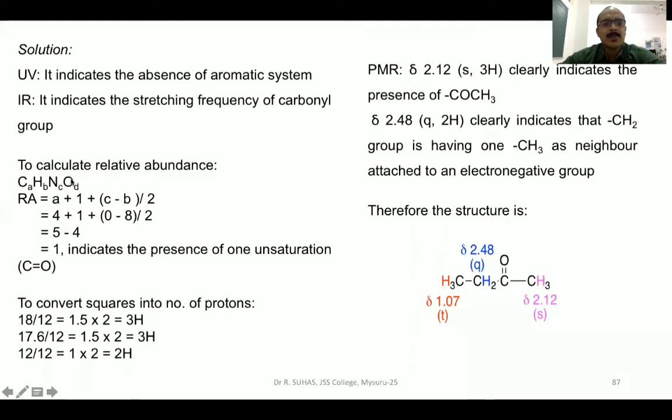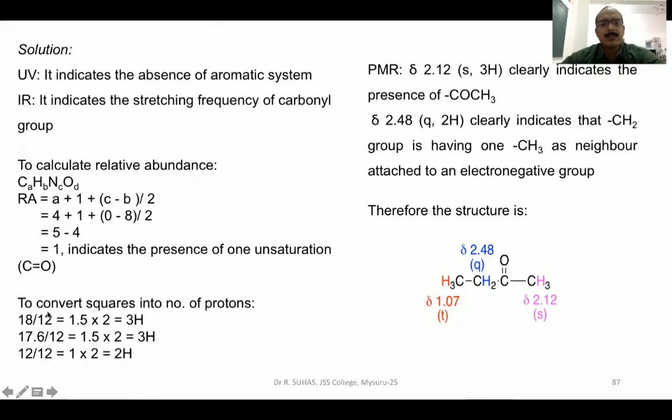Substituting for C4H8O: 4 plus 1 plus 0 minus 8 by 2, which is 5 minus 4, so 1, indicating the presence of 1 unsaturation. We assumed that a carbonyl group, C=O, is there, so this double bond is an unsaturation, and the double bond equivalent also shows one unsaturation.